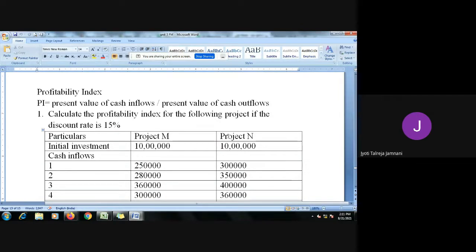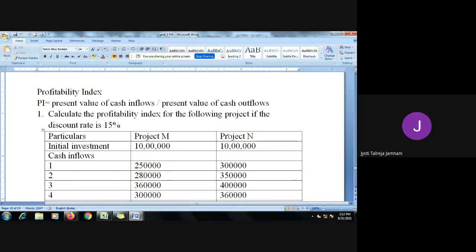The second technique that we studied was IRR, internal rate of return, which is nothing but the minimum rate of return that a company should earn. Why is IRR important? Because it tells us how much minimum we have to earn so that we can set targets for higher achievements or higher earnings. So if I know my minimum rate is 12%, I can think of earning more than that.